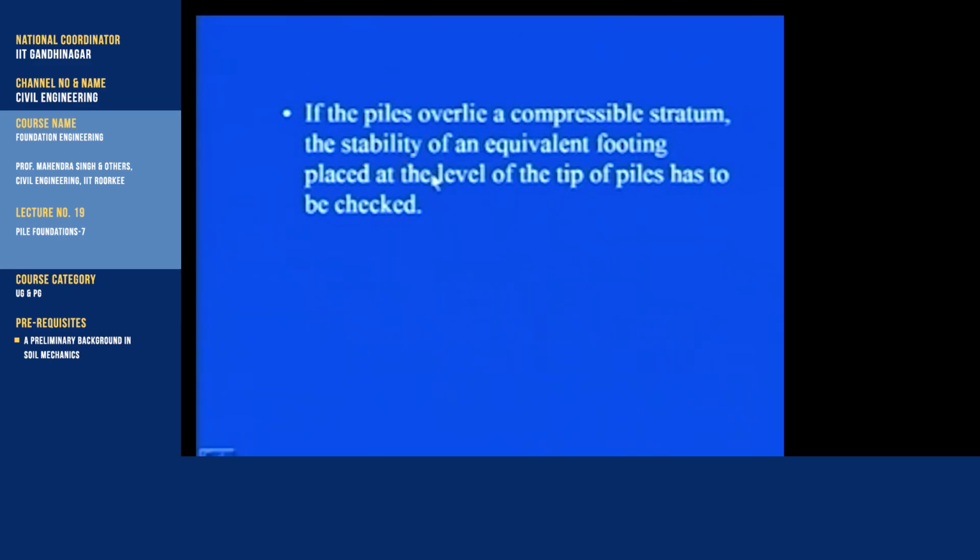In that case, you assume an equivalent footing at the tip of the pile and then check its stability, whether it is stable from the safety point of view as well as from the serviceability point of view.